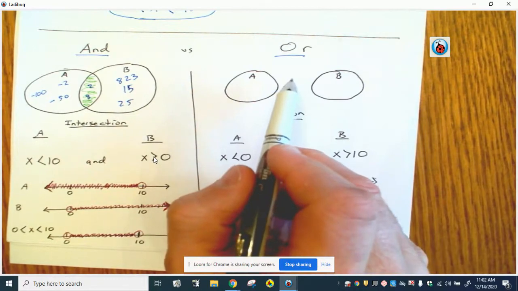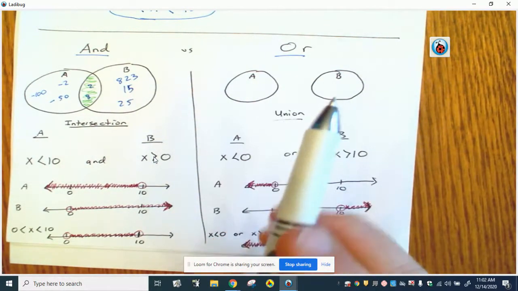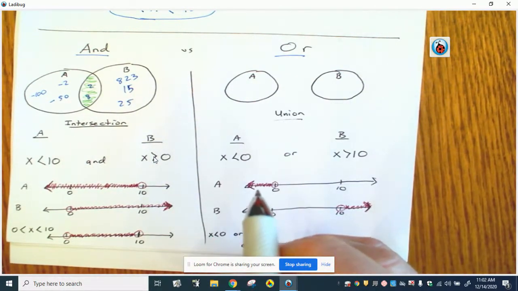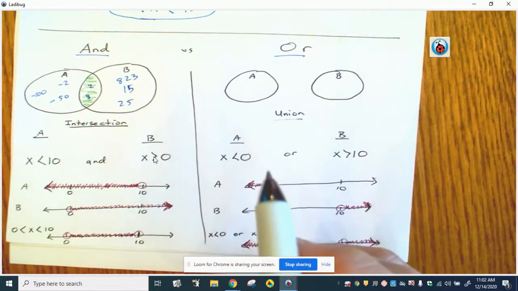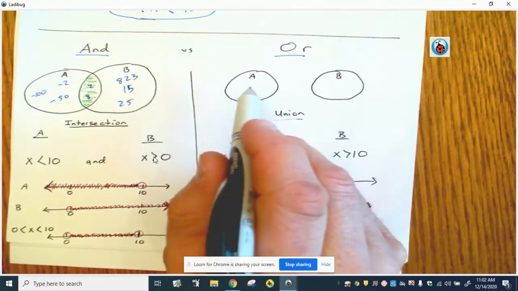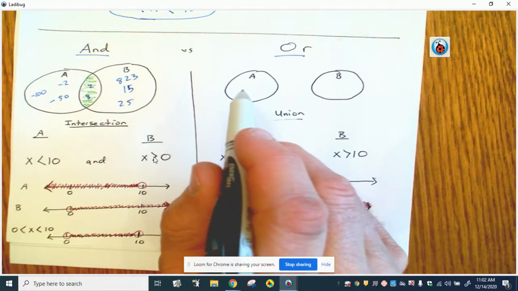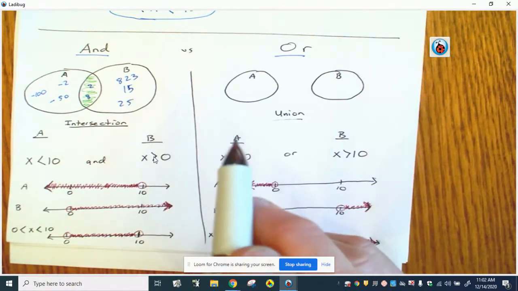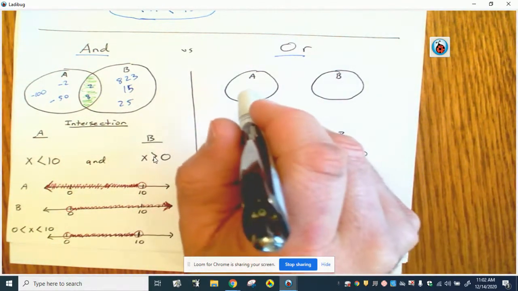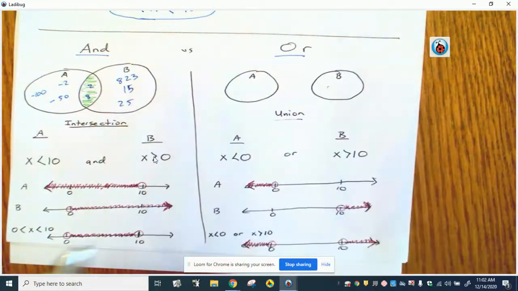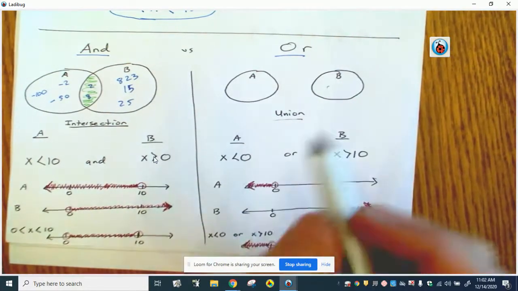But if I use the word or, I can satisfy it by hitting A or B. I could hit anywhere in the first circle or anywhere in the second circle, and I'd be good.